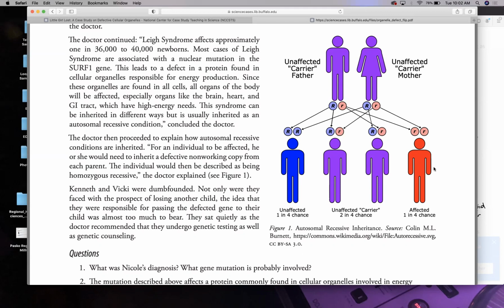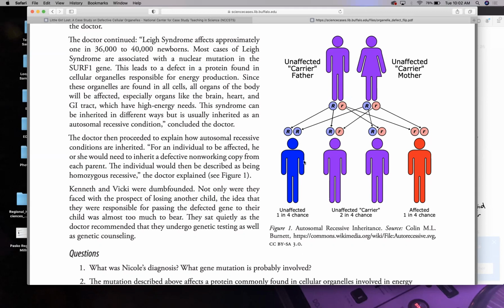And of course, the person who's fully affected has 2 lowercase r's, 1 from the dad, 1 from the mom. So if you have 2 carrier parents in sickle cell disease and this Lay syndrome, which is what the case talks about with that little baby girl who unfortunately passed, right?